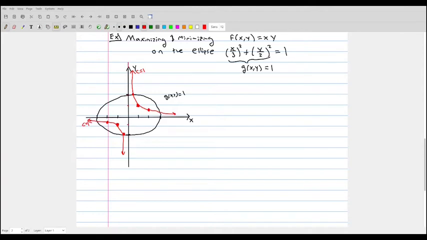At c equals 0, you have a level curve that looks like this on both the axes. And for c equals -1, you have a hyperbola that looks like this, and then same thing on the opposite side as well.